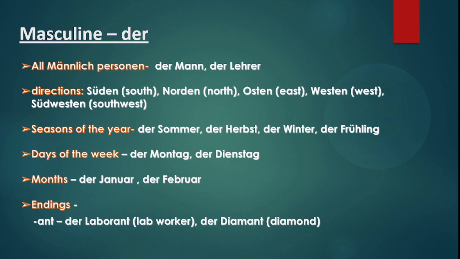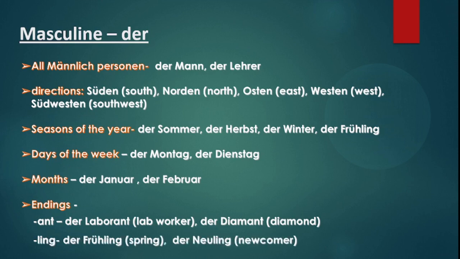The next example is der Diamant, which means diamond. And the next ending is ling. For example, der Frühling, which means spring. Der Neuling, newcomer. So these endings help you determine which category they belong to.